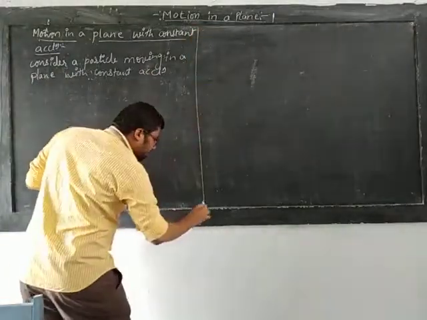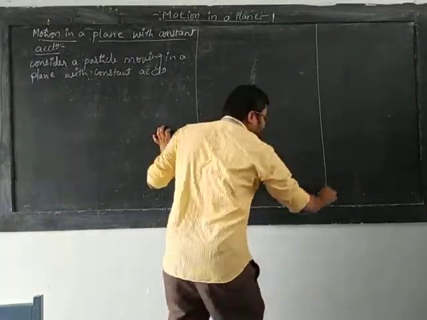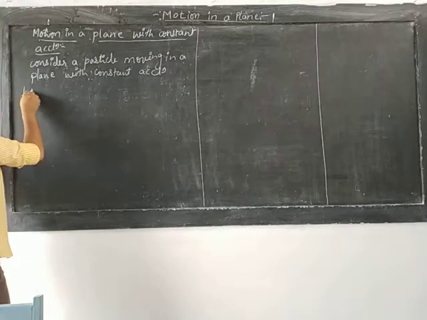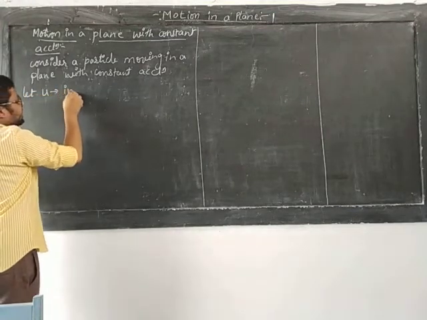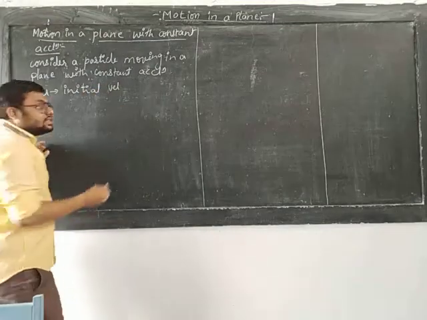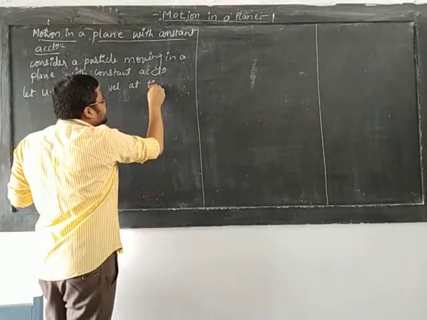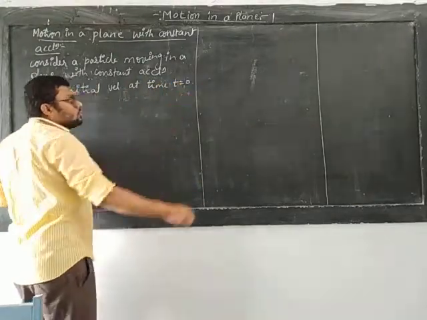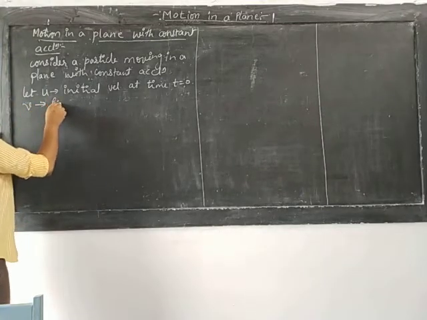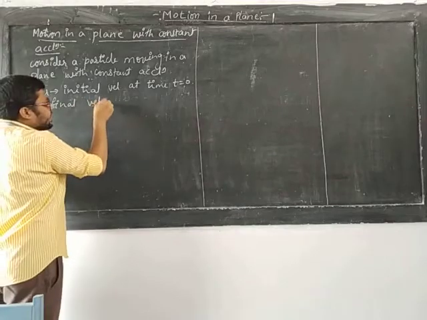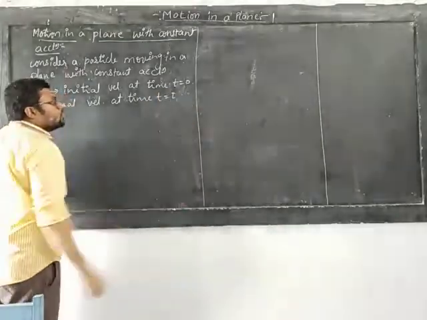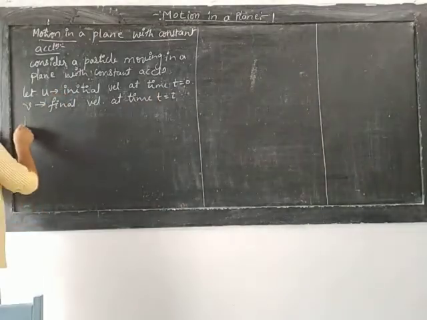Let u be the initial velocity at time t equal to 0. Then v be the final velocity at time t equal to t, right?